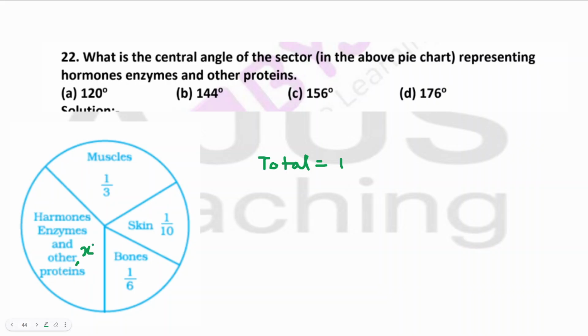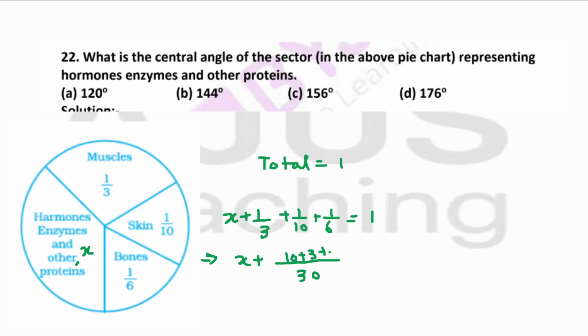Let this be x. Okay, so x plus 1 by 3 plus 1 by 10 plus 1 by 6, this total should be equal to 1. So if you solve this one, you will get x plus, 30 is the LCM, so this will be 10, 3 and 5, equal to 1.